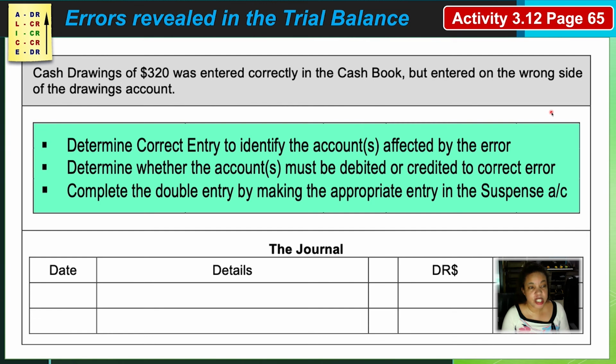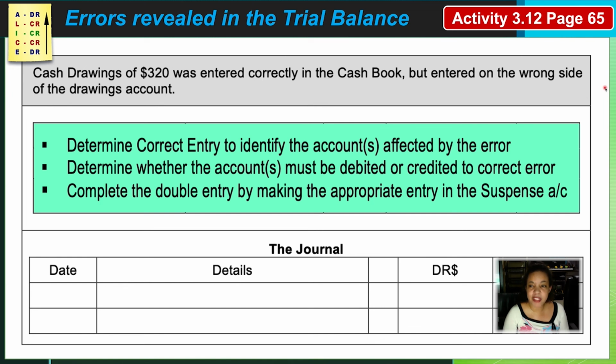We changed it up. This is our last example, and this one is a bit different. So we have cash drawings, $320, entered in the cash book correctly again. So we have no correction to be done there, but it was entered on the wrong side of the drawings account. Only the drawings account was entered on the wrong side.